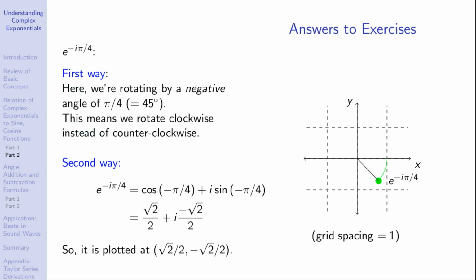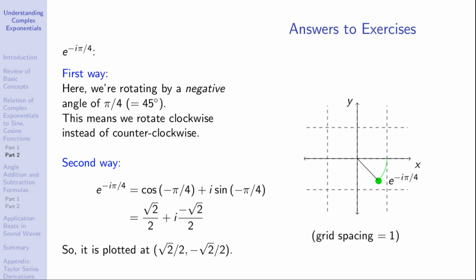Okay, next, e to the minus I pi over 4. So here we're rotating by a negative angle of pi over 4, so that's 45 degrees. This means we rotate clockwise instead of counterclockwise. So our point is on the unit circle at an angle of -45 degrees from the x-axis.